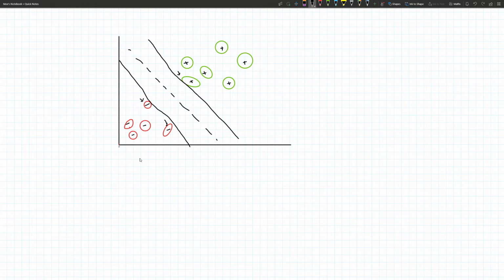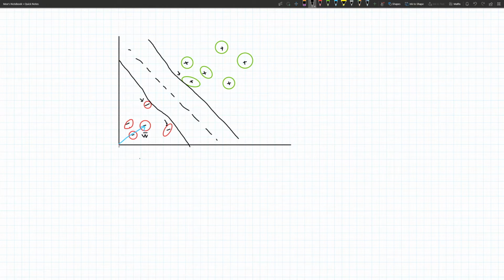So we know that we have a decision boundary, but we need a decision rule that would use that decision boundary, right? So let's say we have a vector W here, and that vector W is orthogonal to the decision boundary.